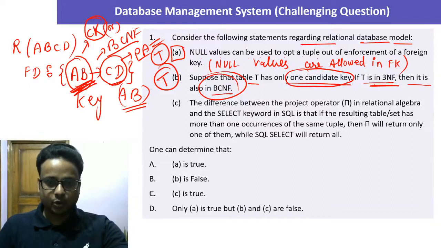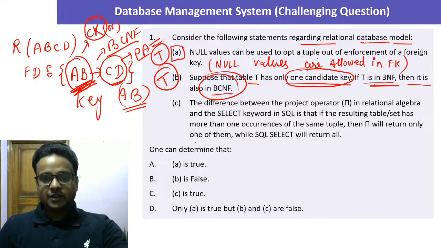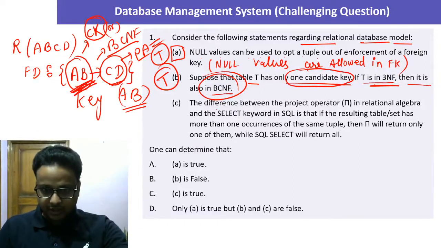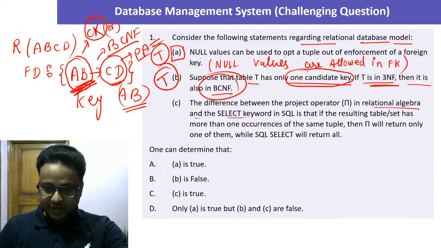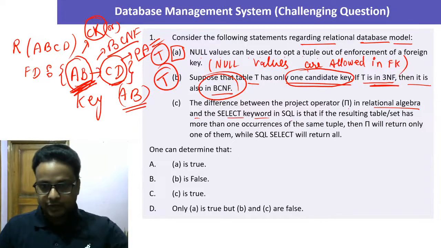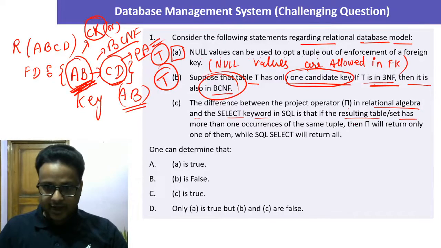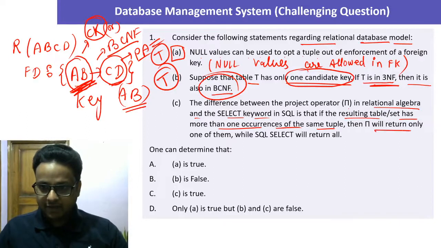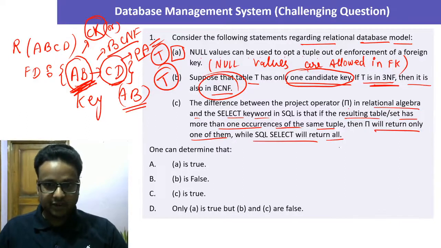So it is true. Now option C: the difference between the project operator pi in relational algebra and the select keyword in SQL is that if the resulting table has more than one occurrence of the same tuple, then pi will return only one of them, while SQL select will return all.